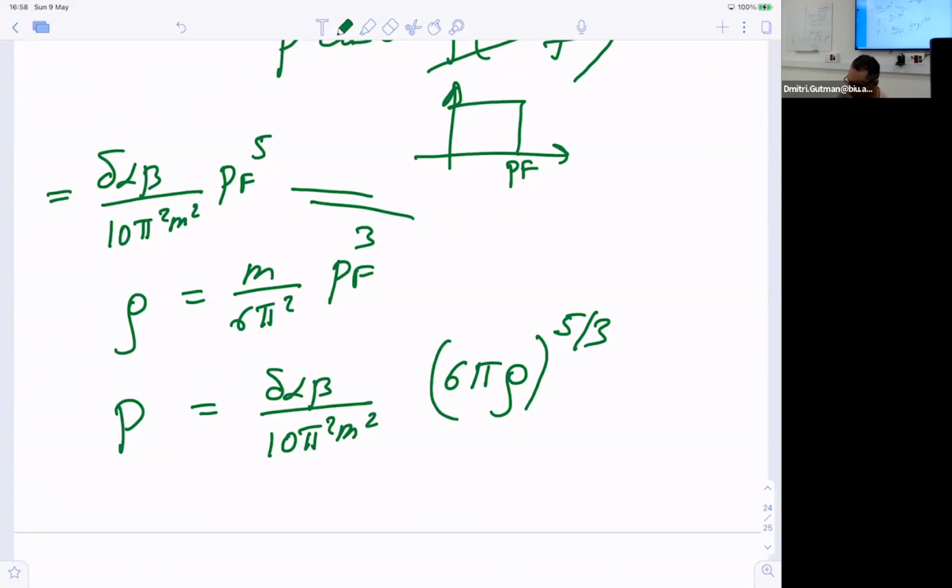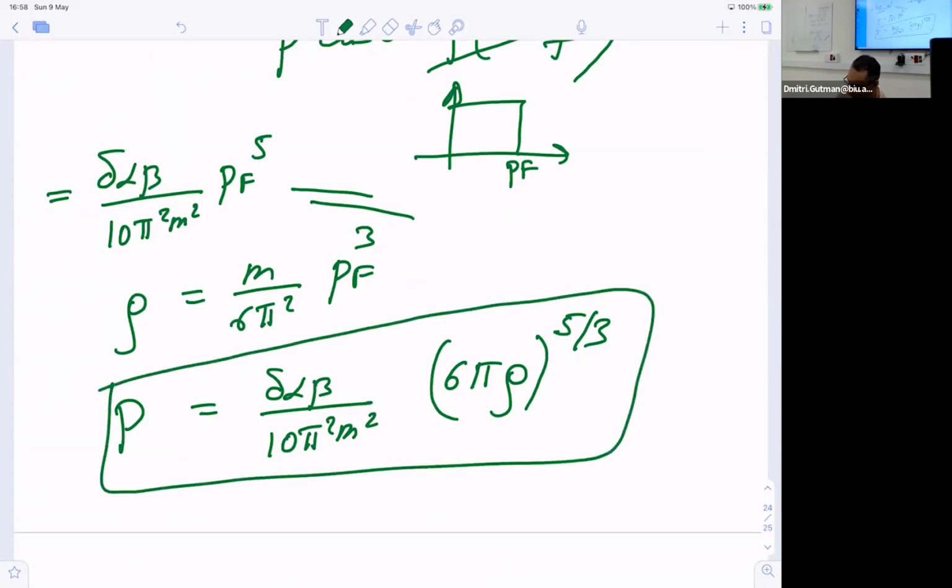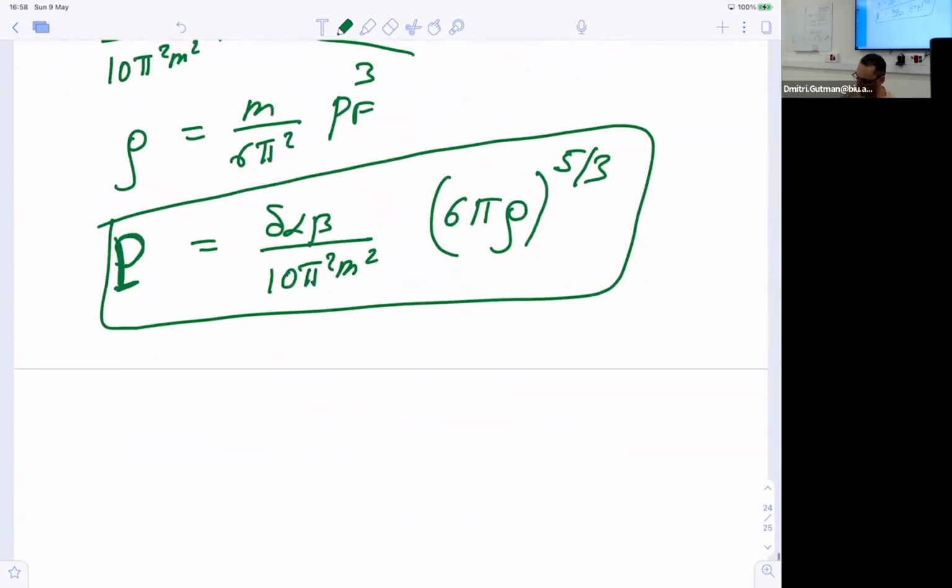And this is a unique formula that says what is the pressure as a function of density for a three-dimensional degenerate electron gas.